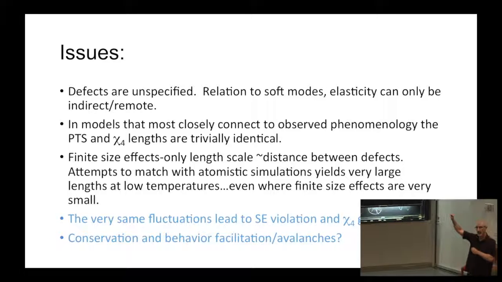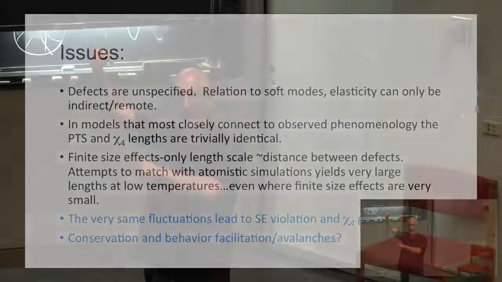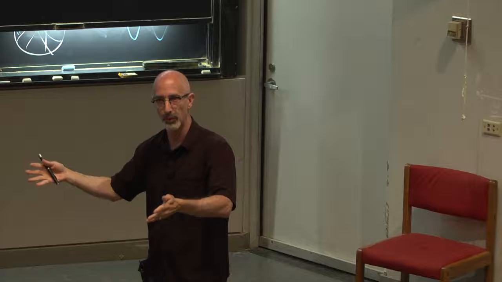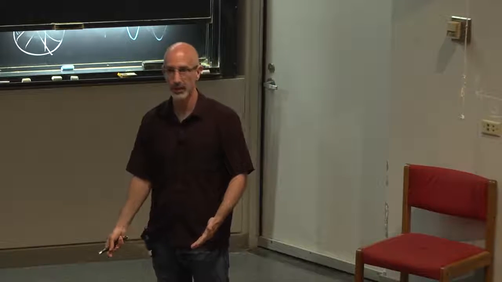And then the length scale that is the only important length scale in the system has to be the distance between these defects. And if you try to take your Lennard-Jones liquid and ask what is the distance between defects at the dynamical transition temperature, or something that would extrapolate to the dynamical transition temperature, it's very large. So it's something like 20 particle distances.